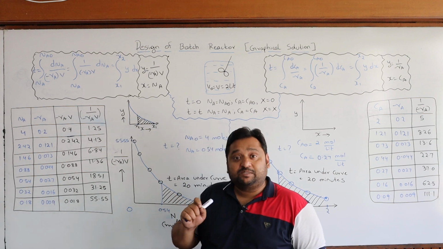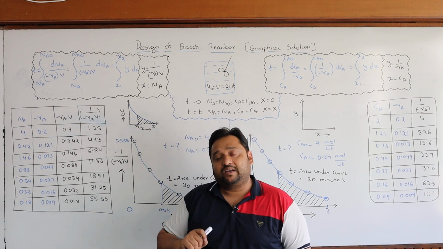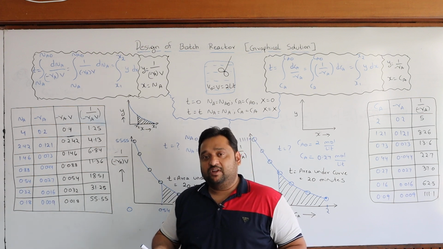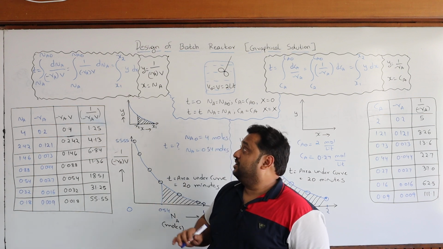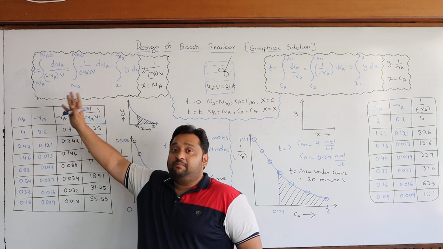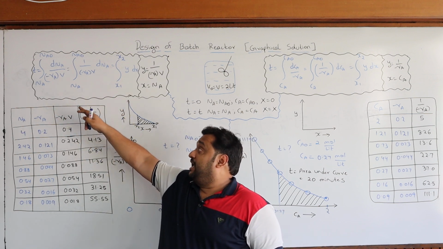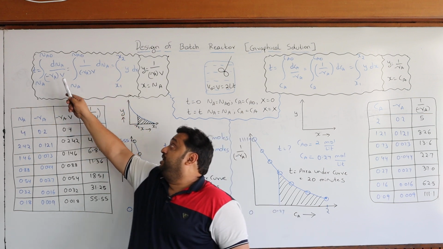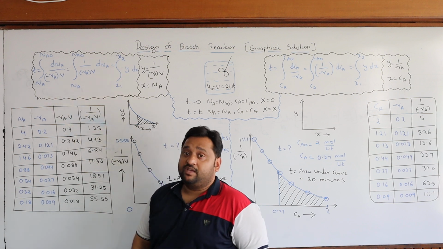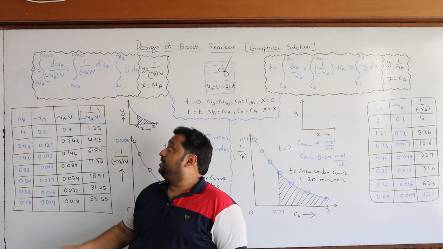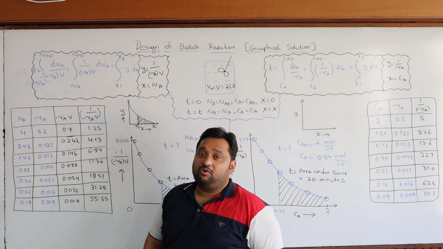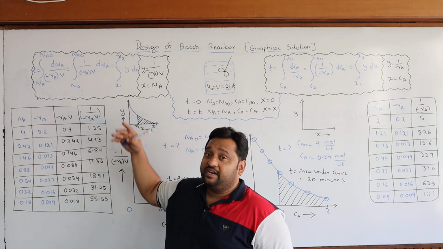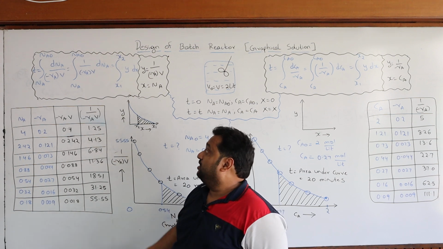If you know the experimental data, from it you can find the time for the necessary conversion. If you remember this equation, time t equals the integral from NA0 to NA of dNA by minus rA times V. You do not know the order, so you cannot make minus rA equal to K or K CA and integrate the equation.